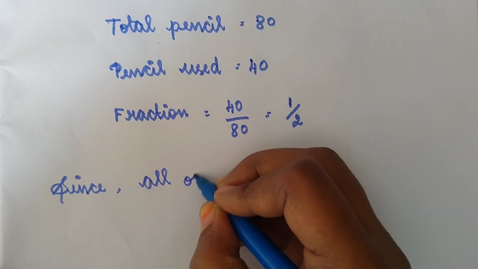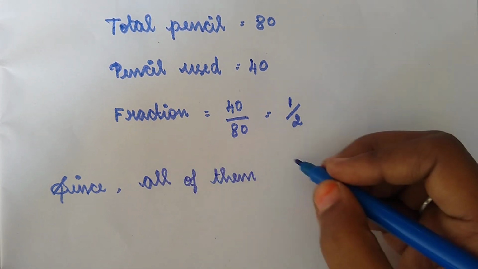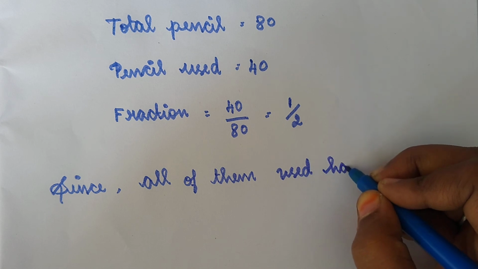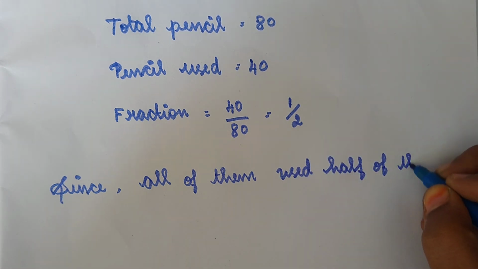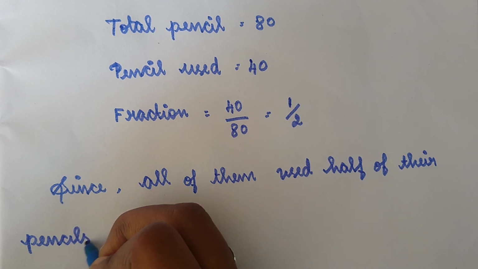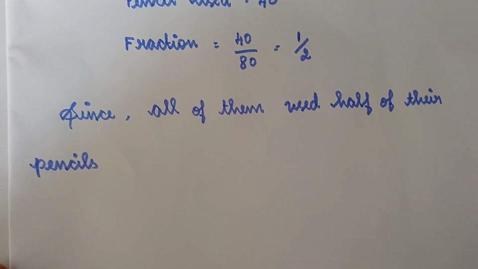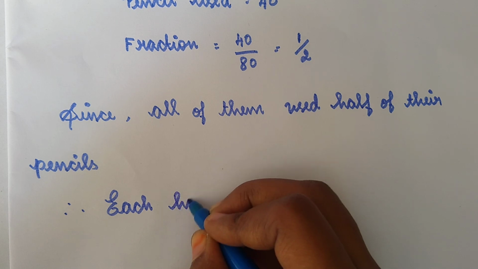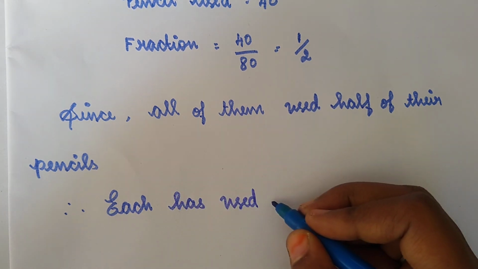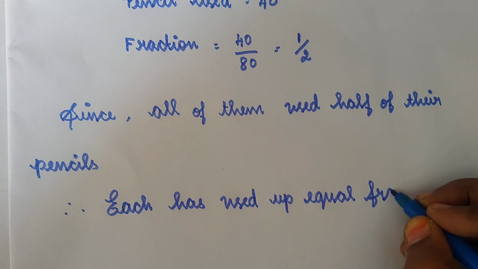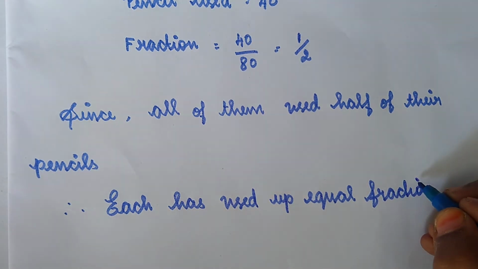Since all of them, Ramesh, Sheelu and Jamal, used half of their pencils, therefore each has used up an equal fraction of pencils. This is the answer.